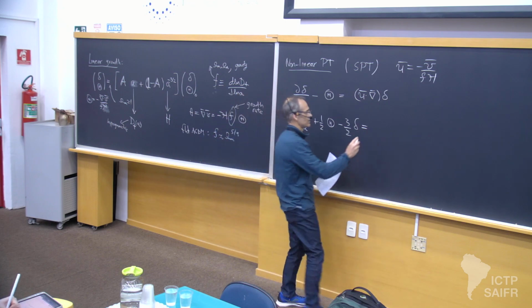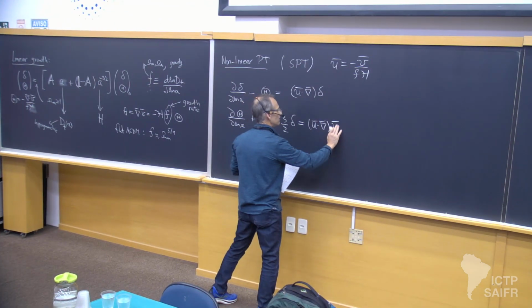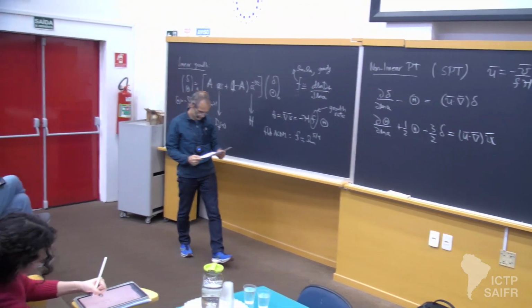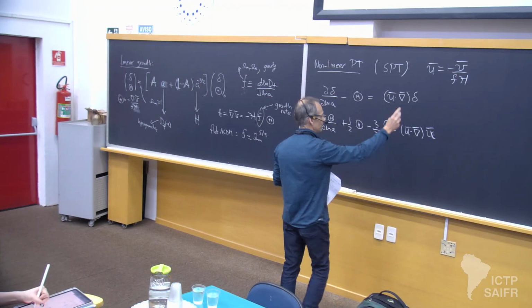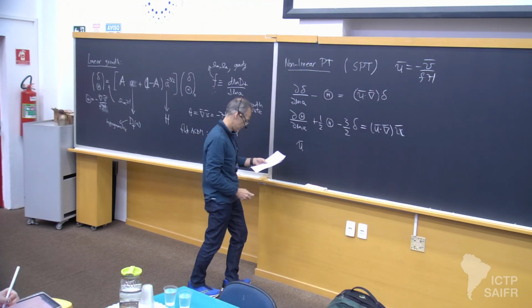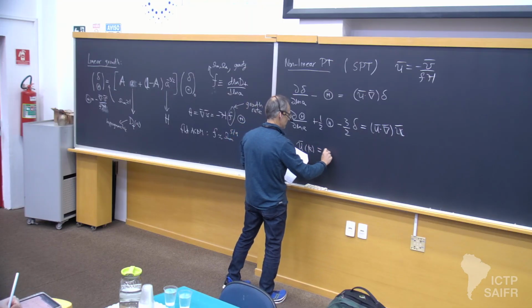And now on the right-hand side, we have the nonlinear term that we neglected yesterday, okay? And in Fourier space, we are assuming that vorticity can be neglected, which is also true in the nonlinear case.